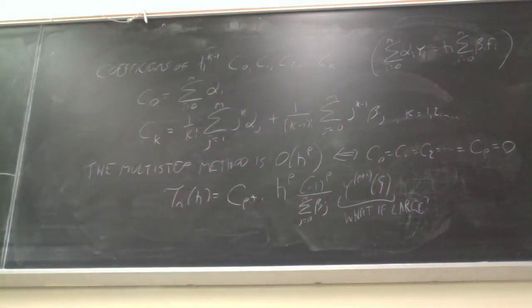And it's just unfortunate that, in spite of what I've written here on the board, I do not have enough time to convey to you just how ugly it gets. But then it all condenses into a nice result in the end. It just takes so much work to get there.